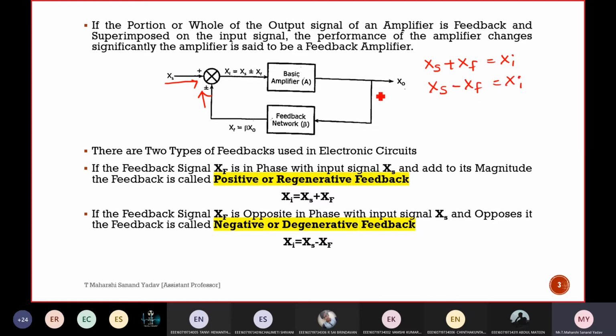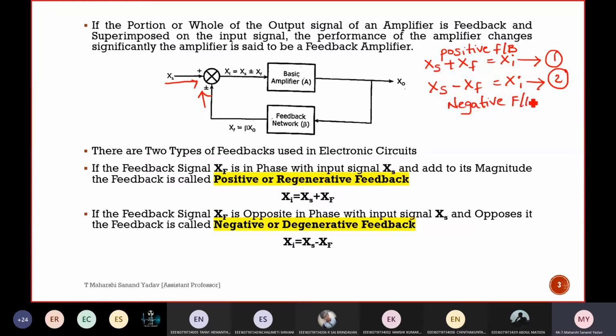What is the difference in these two cases? I got two equations, first one and second one. First is positive, second is negative. Addition, correct. The first one is adding, that's why it is called positive feedback. Here it is subtracting, so it is called negative feedback.